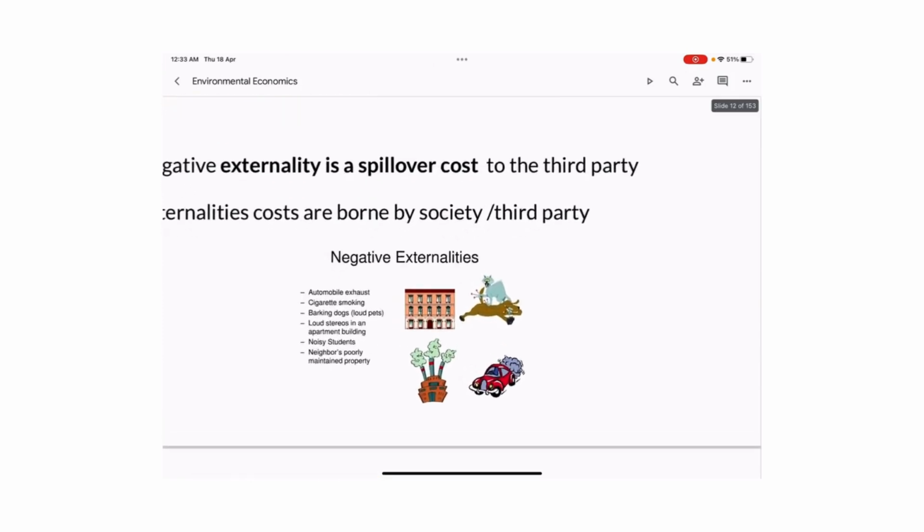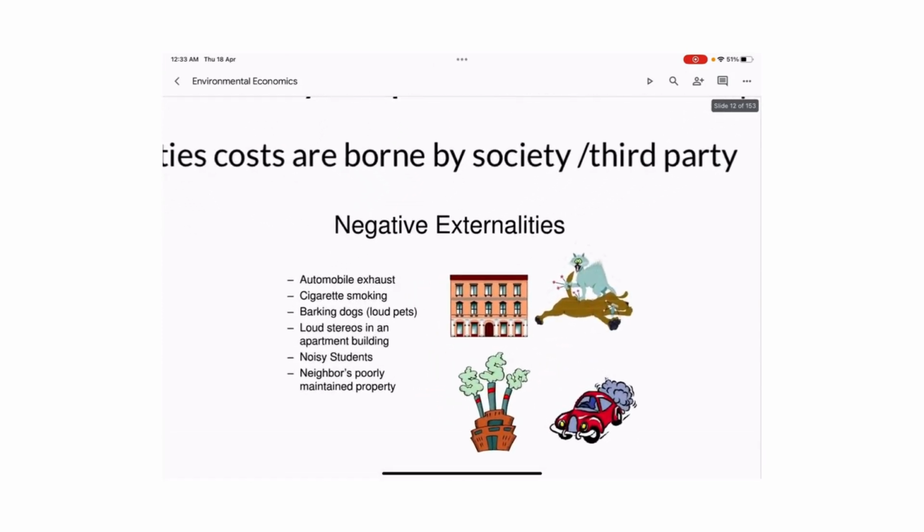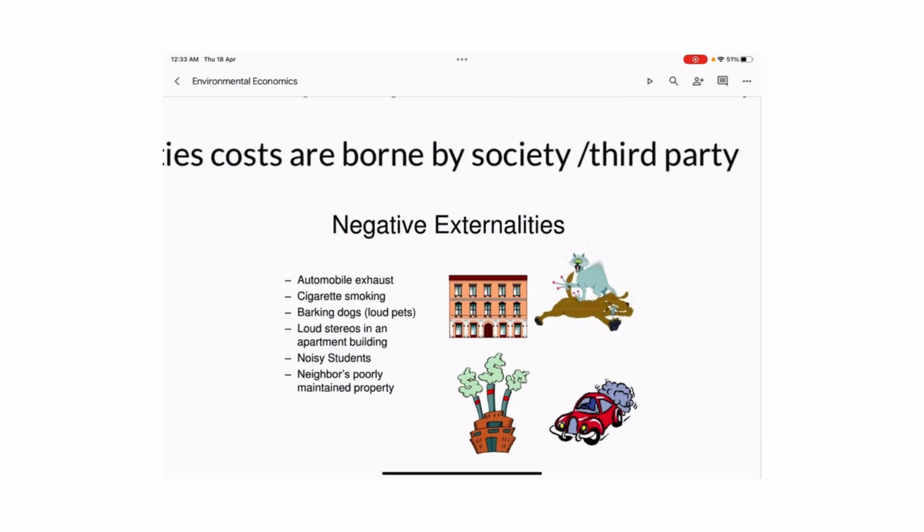Look at these examples which I have figured out. The exhaust coming from the automobile, the smoke coming from the cigarette, the dogs which are barking, of course, pets, the loud stereos in an apartment building, the noisy students, the neighbors' poorly maintained property.